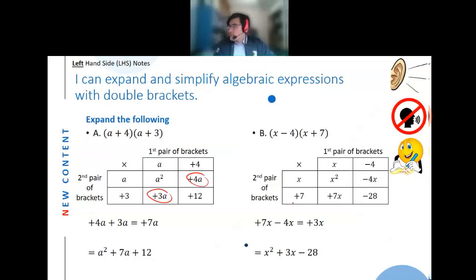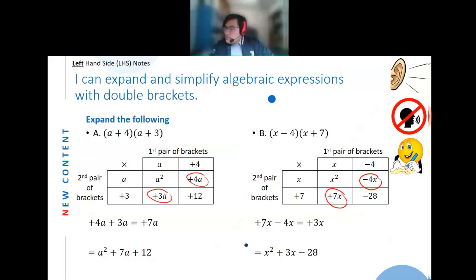So the plus 7x and negative 4x, they are like terms. So we're going to combine them together. Now, I like to write the positive numbers first because it just makes things easier for me.